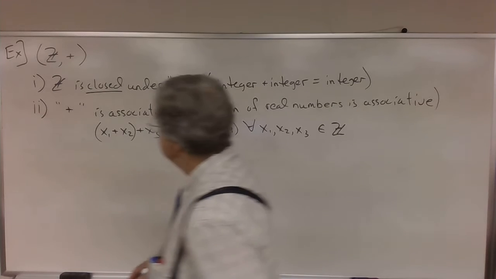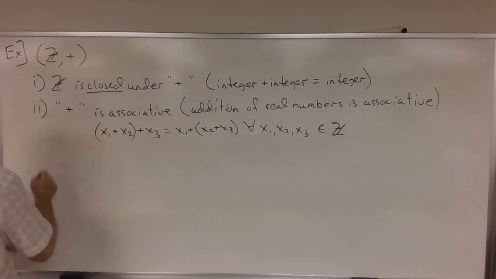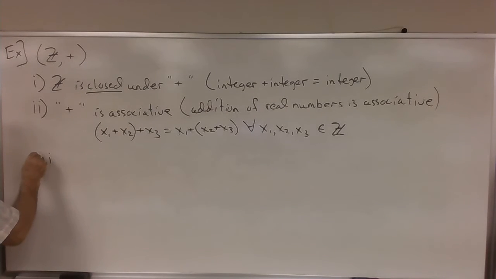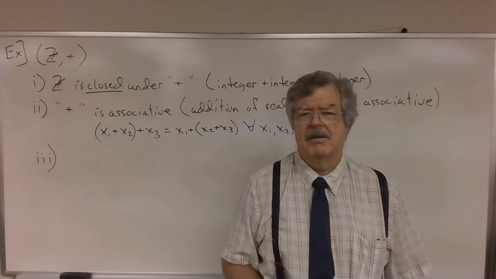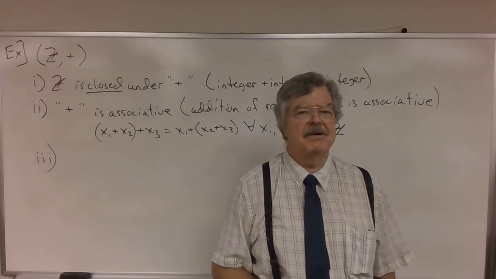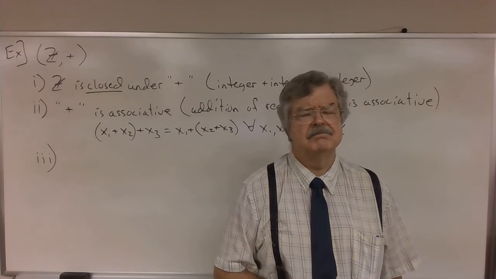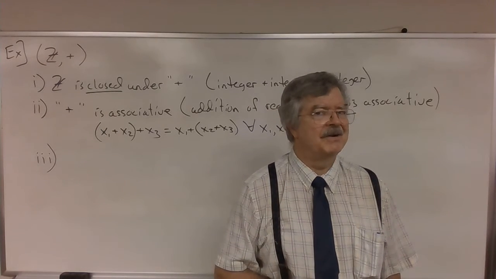Let's see, what else do we have? An identity, okay. What is the identity element in the set of integers? What do you add to any other integer to get that integer? 0?